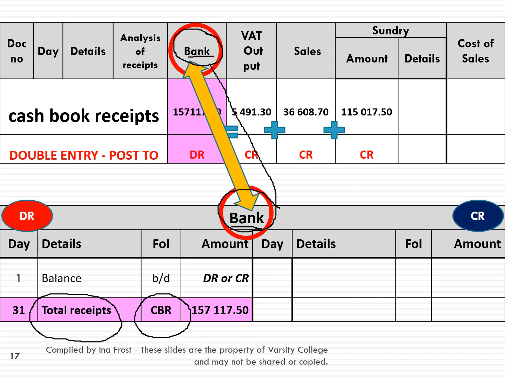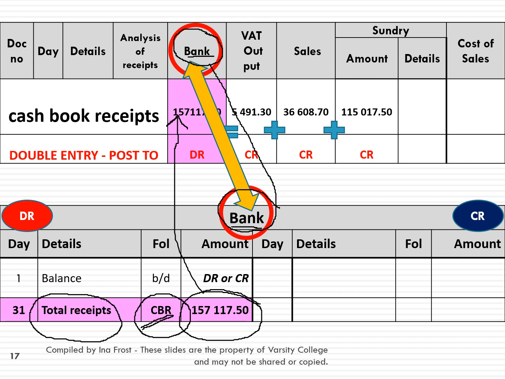And remember, your folio must tell us in which journal did you find this total. And we said we're working with the cash book receipts. So we write CBR because this particular total comes from the cash book receipts. And then the last thing, the amount that you're going to put in here, that amount has to match up with the total of the bank column. So the total of your bank column has to match up with the amount in your bank account.